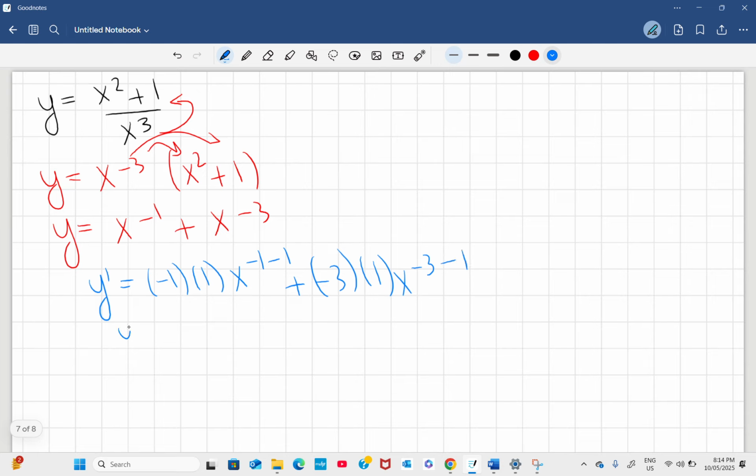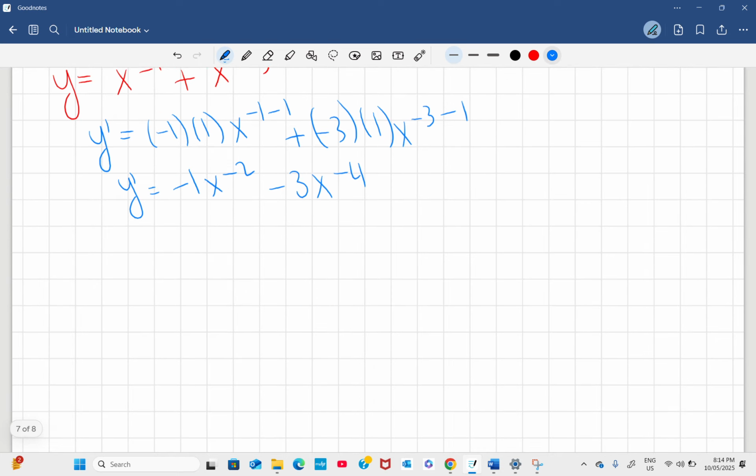You can just do it directly, and I'm just doing this for the people who do not understand it properly yet. So negative 1 x to the power of negative 2 minus 3x to the power of negative 4. See, we directly reached the result we reached here. So y prime is equal to negative 1 over x squared, I'm going to take it down, minus 3 over x to the power of 4.